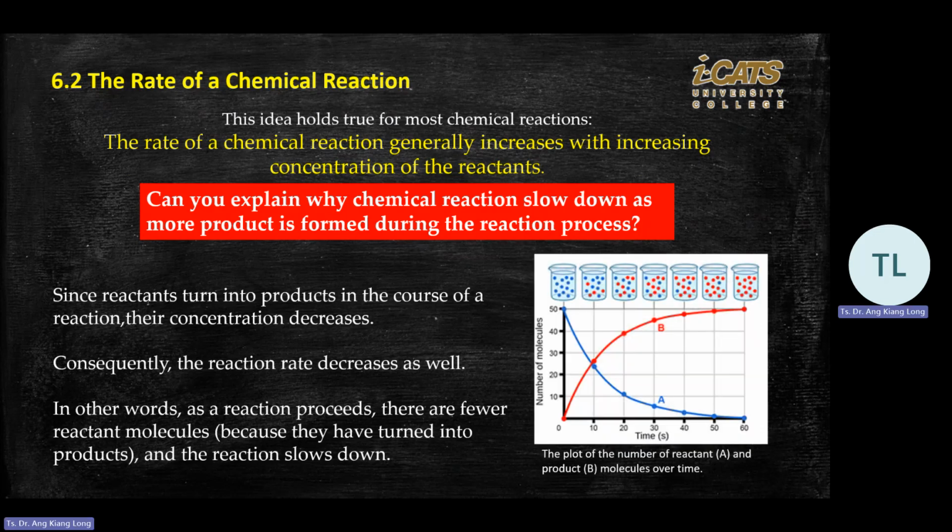Okay, so this is the graph if you do the experiment. The y-axis is number of molecules. We have two lines here, the blue line and the red line. The red line is the product. The blue line is the reactant A. As more and more time passes, the reactant will reduce and the product will increase.